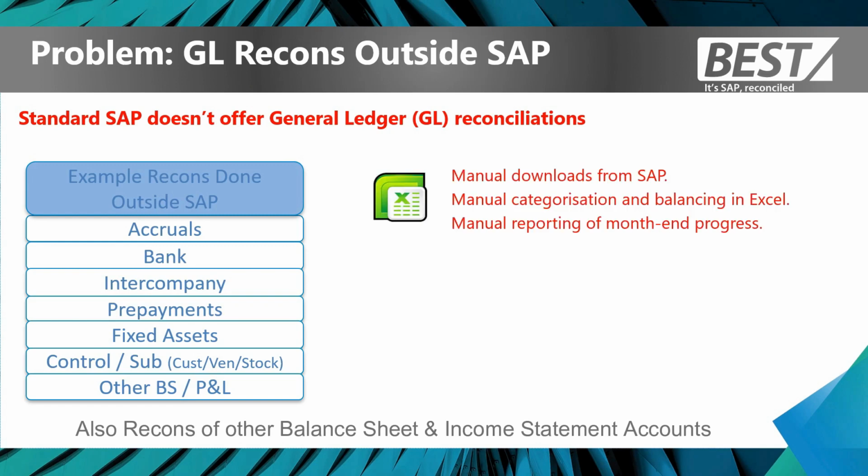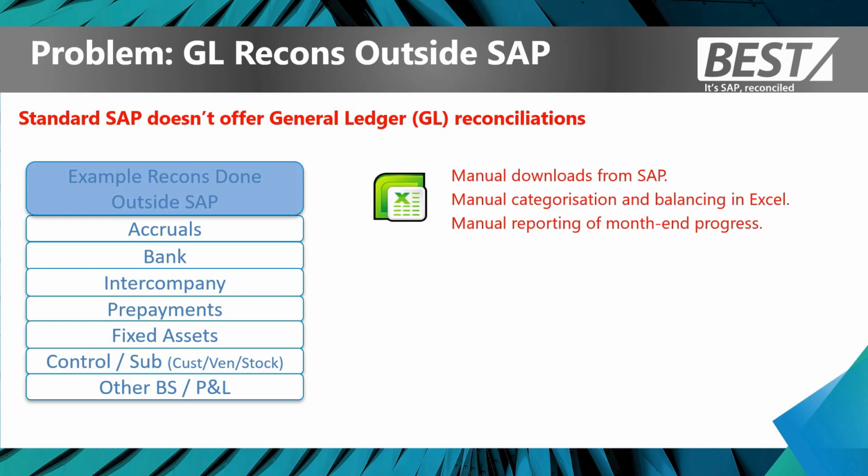So how are these reconciliations done outside of SAP? Mainly by downloading SAP transactions to Excel, for example, which requires manual categorization of transactions, manual checking and balancing. And reporting on the number of reconciliations done and progress made during month end is also highly manual.